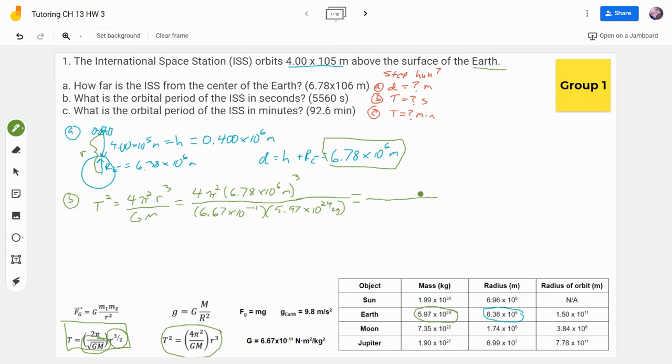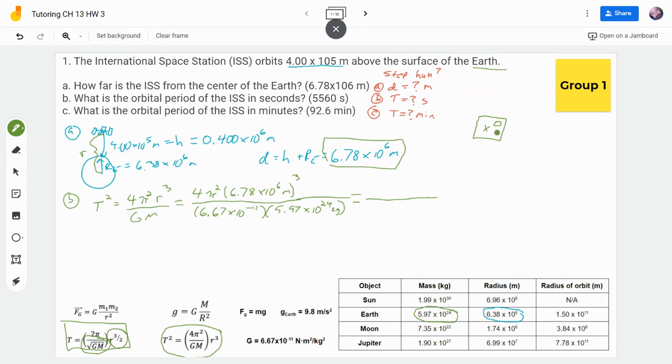6.78 EE6, and I need to cube that. Okay, so your calculator, mine doesn't have a cubed button. Your calculator likely doesn't either. You need to find a button that will take the thing to the power that you want. So on my calculator, there's a button that looks like this, X to the box.